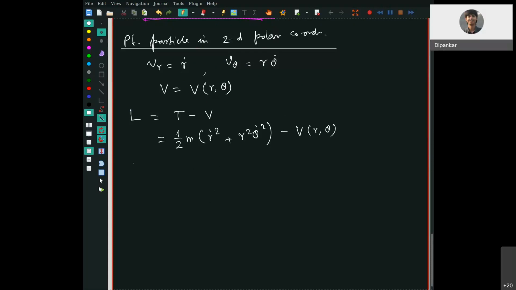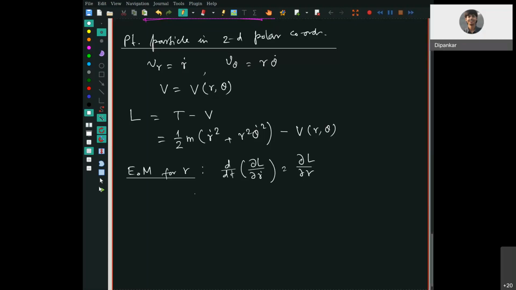So the equation of motion for r is given by d dt of del L del r dot equals del L del r.